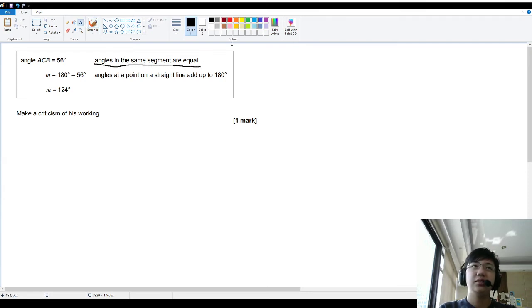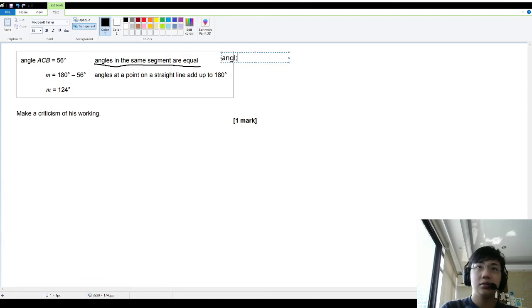The theorem is angles in an alternate segment. No, angles in alternate segments are equal. However, he stated that angles in the same segments are equal, which is the wrong theorem, although he applied the right theorem right here.